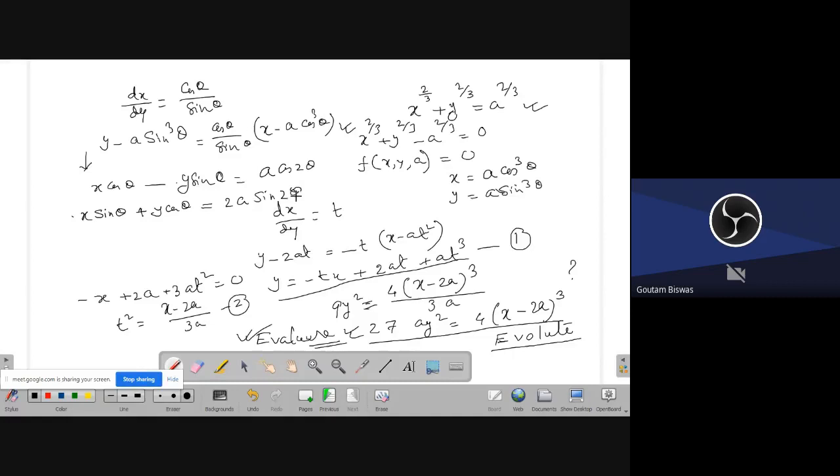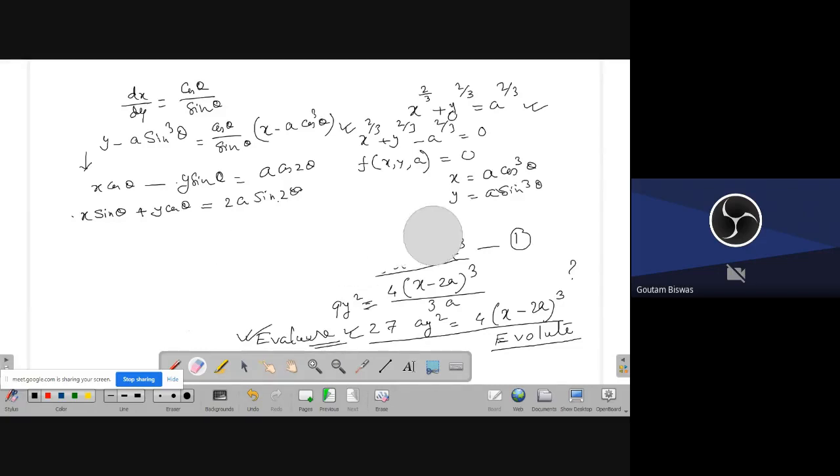Now we have to eliminate theta. So you will get x and y from these two equations. This is the equation and its derivative is the other equation.